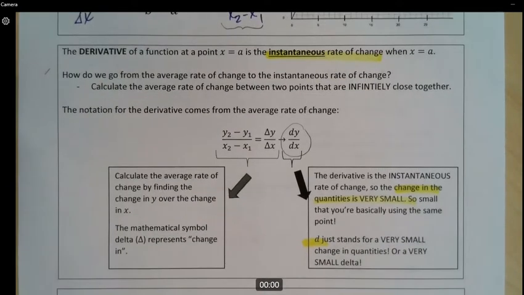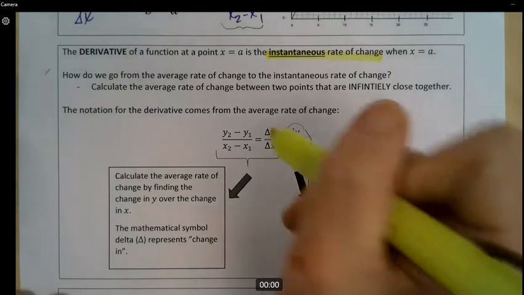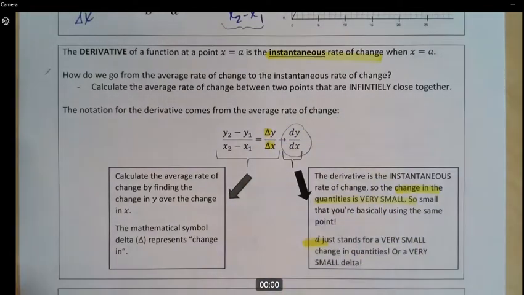So when we were doing average rates of change in Algebra 1, Algebra 2, and pre-calc, which is actually Algebra 3, that change in y over change in x, that d becomes that very, very, very small delta. And the d makes sense if you know that this is the delta symbol, which means change. So when you hear the Greek letter delta is a triangle and that means change, then it all starts to make a little bit more sense.